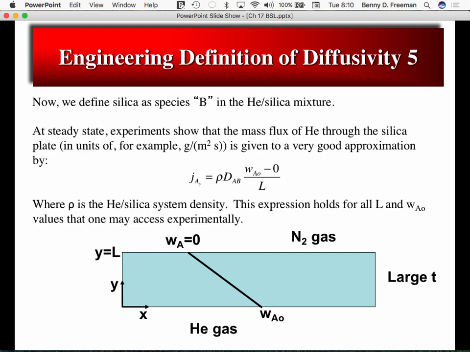And we will treat this as a binary mixture.